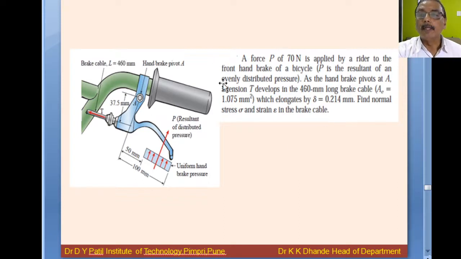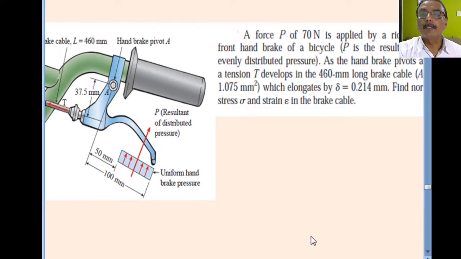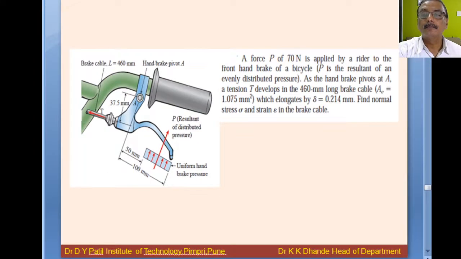Now the figure is given here. If we look at the figure, the force P is acting, the resultant 70 Newton force, and the gripping action is on that side. This load is at 50 mm from that side to this side. We have the brake lever in that case.